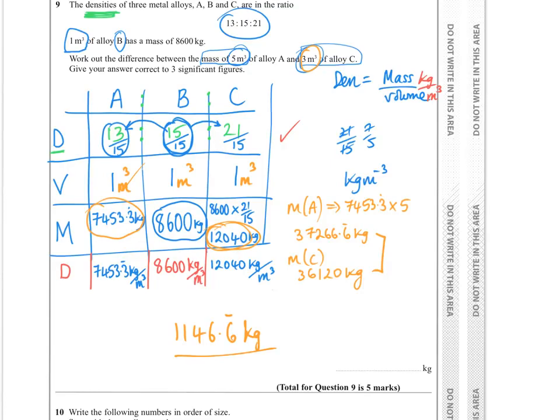So it wants it now to 3 significant figures, so we're looking at the nearest 10, so we want 1,150 kilograms. So one of the hardest questions I've seen for a very long time, but some of you probably find that really easy. Well done if you do.